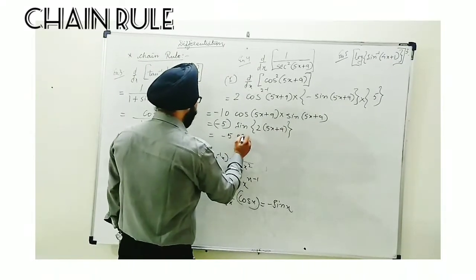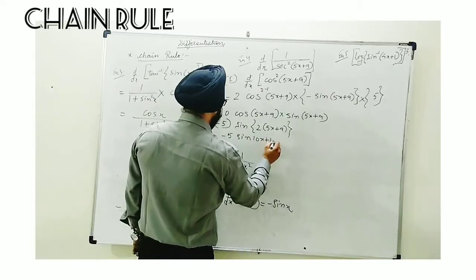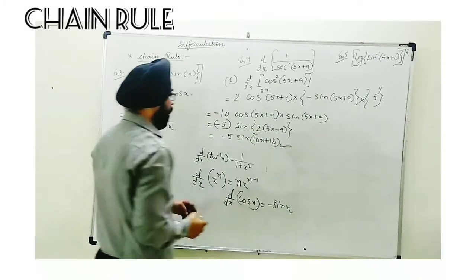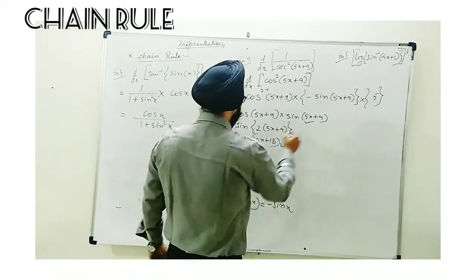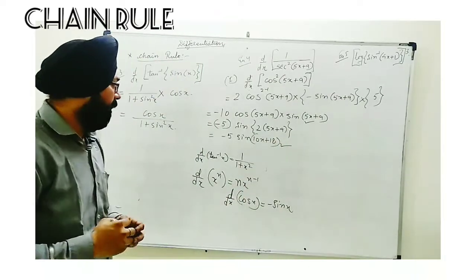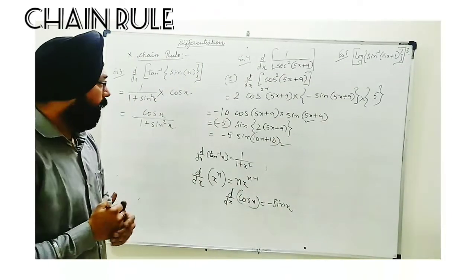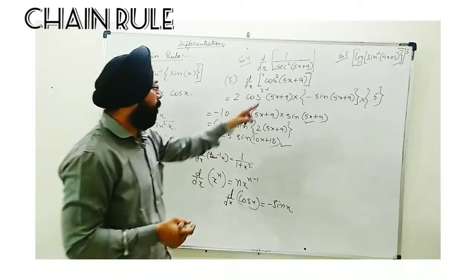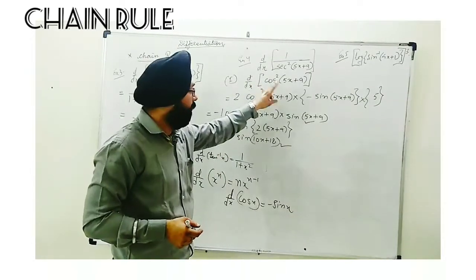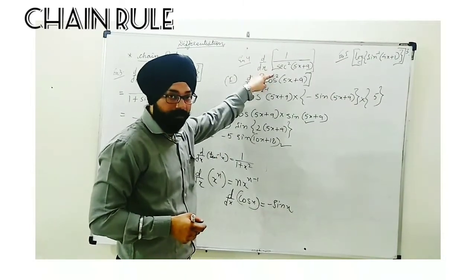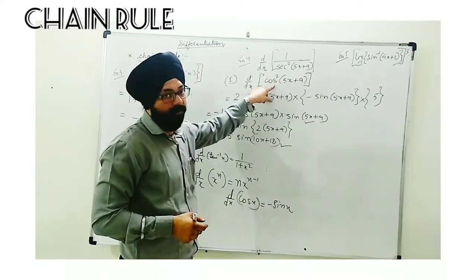So minus 5 sin 10x plus 18. This also may be the answer, or you can stop here, but it is the simplest one. I advise you to write the simplest form of the function. I hope you have understood. Don't forget, whenever a function is to be operated, first operate its power if available. Then only the term of function will come.